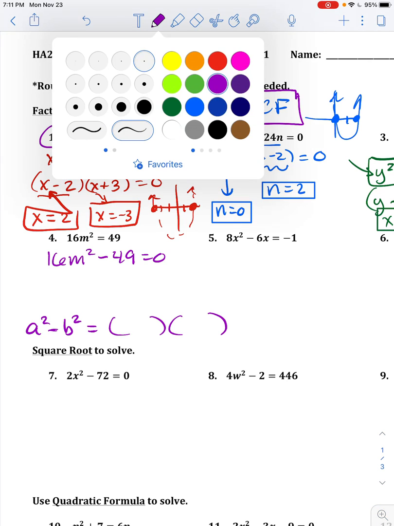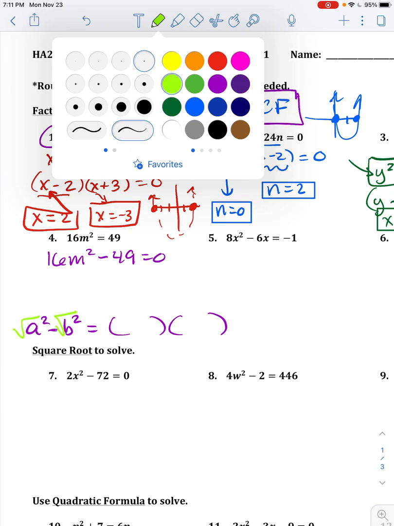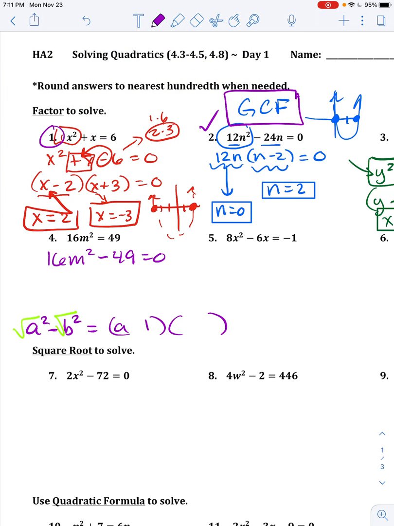What you have to think of is, what are they each the square of? So in your thinking, you're saying, if I square rooted my a squared, what would I get? If I square rooted my b squared, you would end up in that case with a's and b's. And then the factoring process involves the sum and the difference, because if I went ahead and FOILed these out, I'd end up right back where I started, which is the goal.